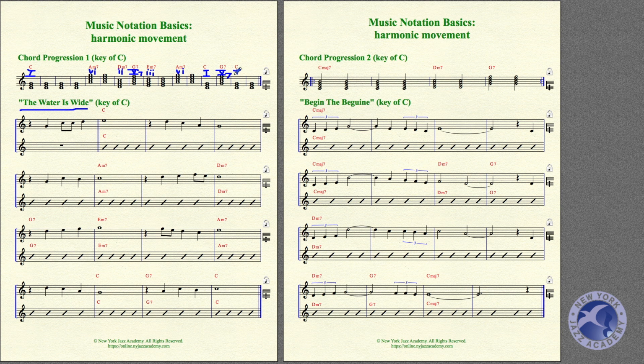Now if you're feeling already comfortable in the key of C, what you're going to want to start doing next is seeing if you can actually transpose this into another key. One of the things about jazz is, to be adept at jazz, you have to be very adept at transposing and playing tunes ultimately in any key.